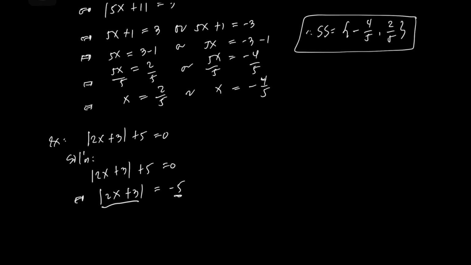So therefore, since this is negative, we don't have a solution. So this is no solution, or we can write it as a solution set using open braces, the empty set notation.